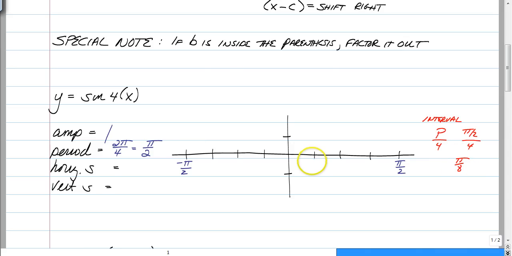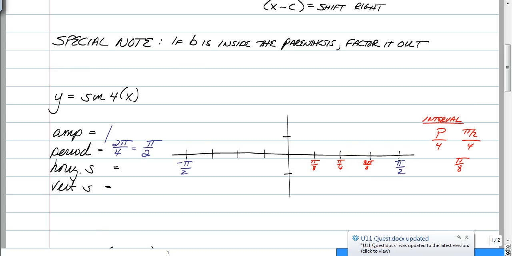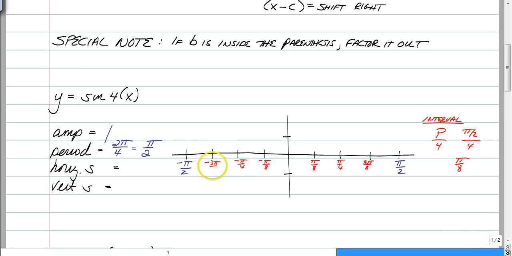So this would be 1 pi over 8, 2 pi over 8, which is pi over 4, 3 pi over 8, which can't reduce, and then you have your 4 pi over 8, which reduces to pi over 2, and you're good to go. So that's how you can find your interval for scaling, because you must label your tick marks. So then you go the opposite direction, and now you're good to go with the labeling.